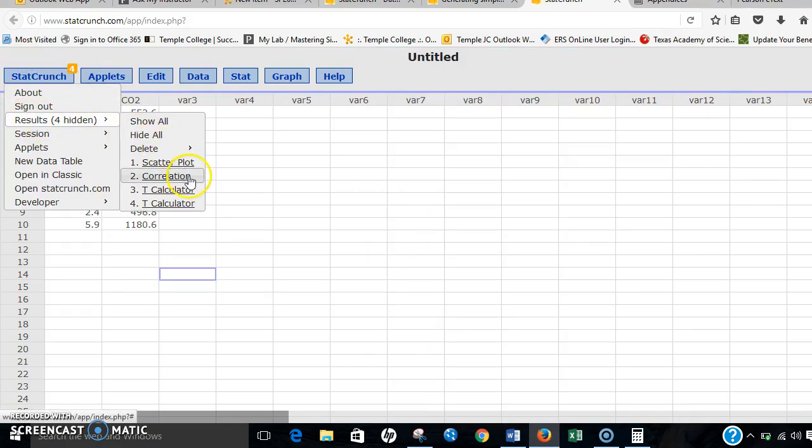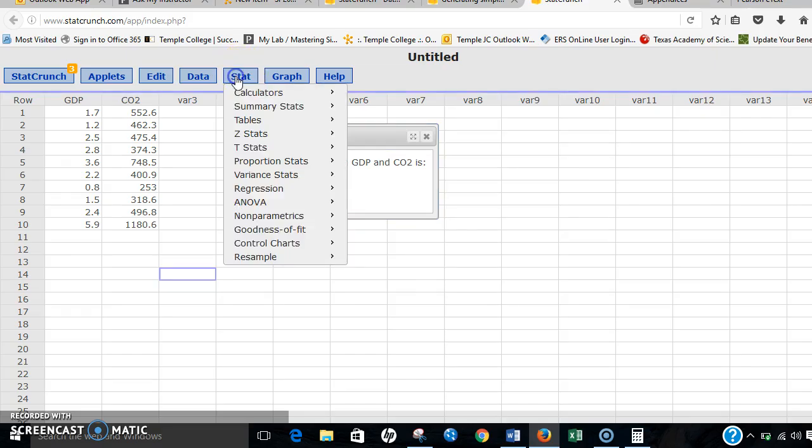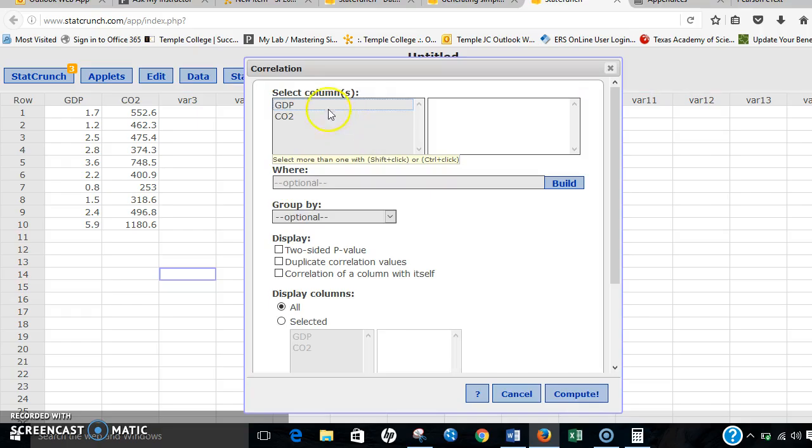When we did the original correlation between GDP and CO2 to get our 0.912 to 3 decimal places, I go back and do this over, stat, summary stats, correlation. I selected both columns. I hit the control key and the CO2, so both of them are selected. And then, do you see this two-sided p-value?